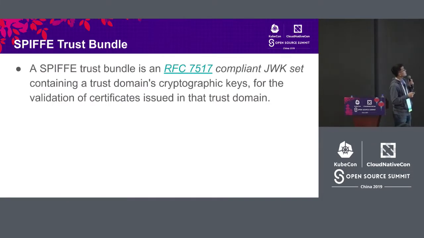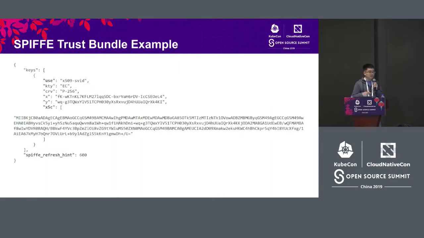Okay, so first, let me spend 1 minute to talk about the SPIFFE Trust Bundle. The SPIFFE Trust Bundle is an RFC 7517 compliant JWK set containing a trust domain's cryptographic keys for the validation of the certificates issued in that trust domain. If some of you are familiar with the JWKS standard, you will figure out how this works. But here, I'm going to give you an example.